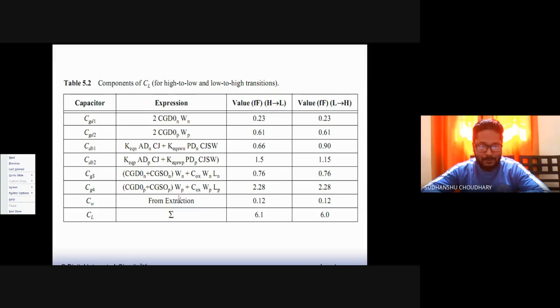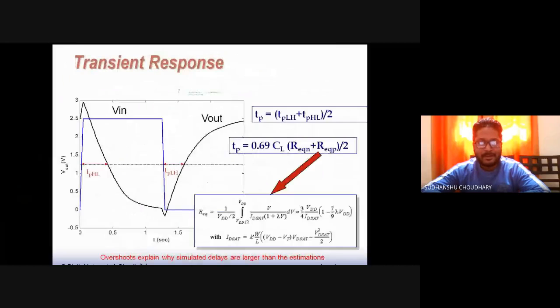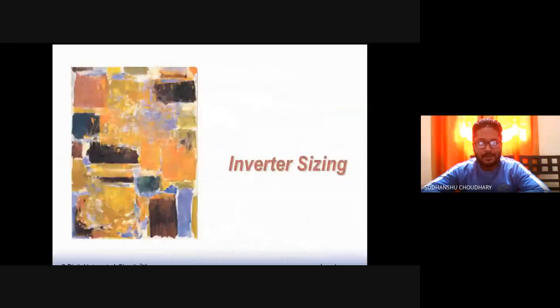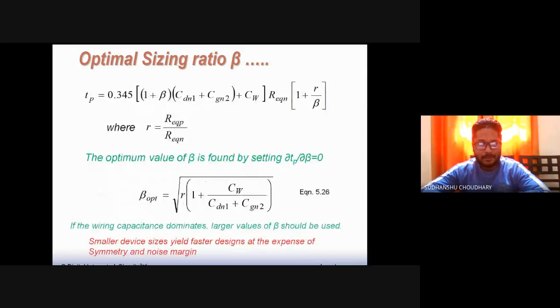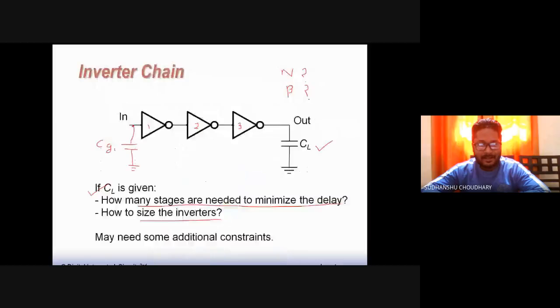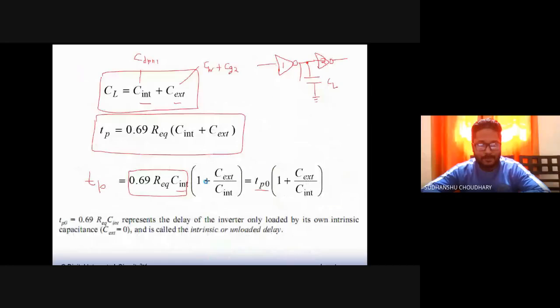So one cannot say that any of the capacitances do not depend on W. All capacitances depend on W. But in the context of this equation, we have defined TP naught as the intrinsic delay, and it seems it does not have any contribution from the MOSFET sizes. That is how we say that TP naught, which is given by this relation, has no contribution from the MOSFET sizes.